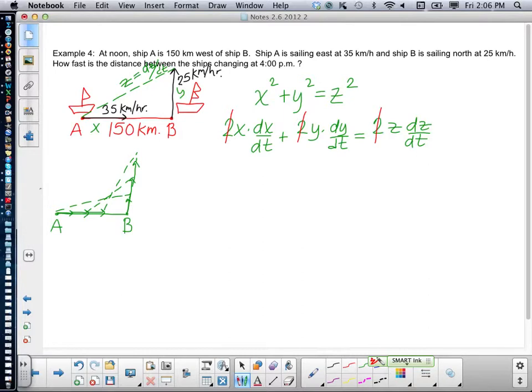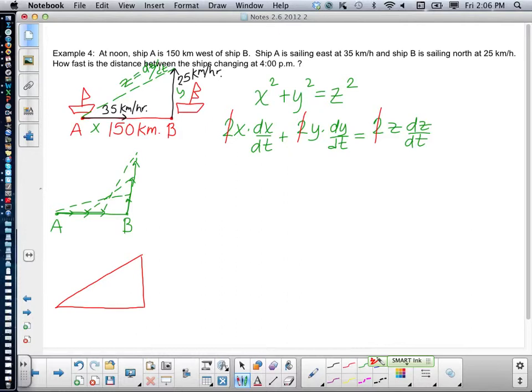All right, so now what I need to know is, I'm interested in how the distance between the ships is changing at 4 o'clock p.m. So I kind of need to know where they are at 4 o'clock p.m., don't I? All right, so let's draw a little diagram here. This is going to represent 4 o'clock, and I don't really know exactly how that all looks. But 4 o'clock is 4 hours later.